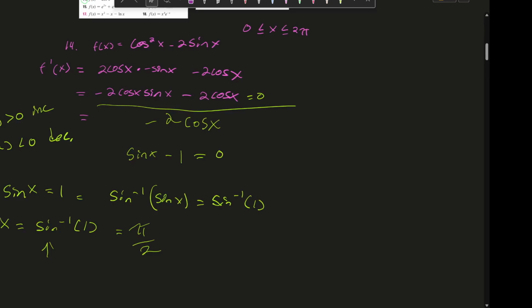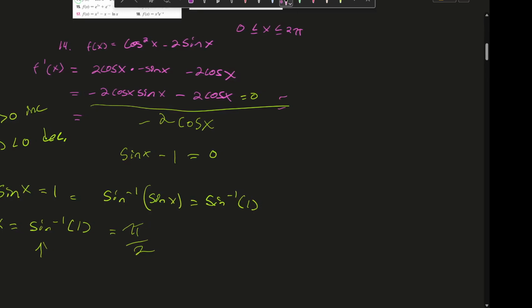No, I think I'm cool because, like, if I did more steps in here, I'm like, okay, -2 cosine x times sine x, and then this is equal to 0. I moved the other 2 cosine x over to the other side, and then I divide by -2 cosine x. Then I have sine x is equal to -1.